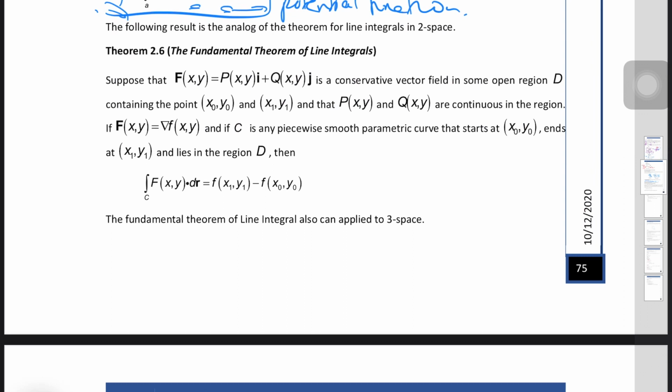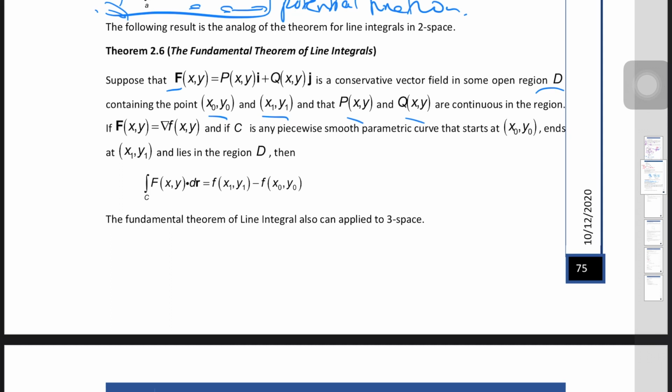Suppose that F(x,y) equal to P(x,y)i plus Q(x,y)j is a conservative vector field in some open region D. Okay, jadi adalah conservative in some open region D, containing the points (x0,y0) and (x1,y1), and that P(x,y) and Q(x,y) are continuous in the region. Jadi kita ada dua point (x0,y0) and (x1,y1), and P and Q adalah continuous in that region.